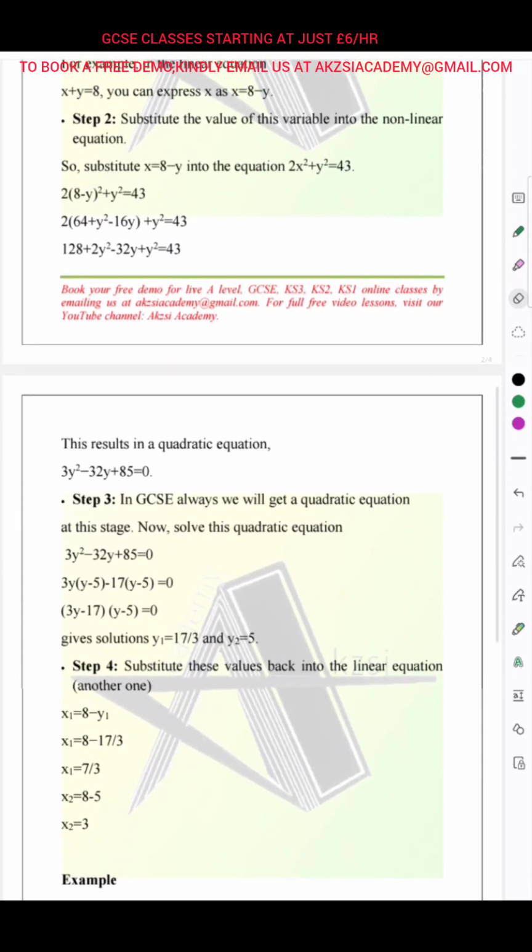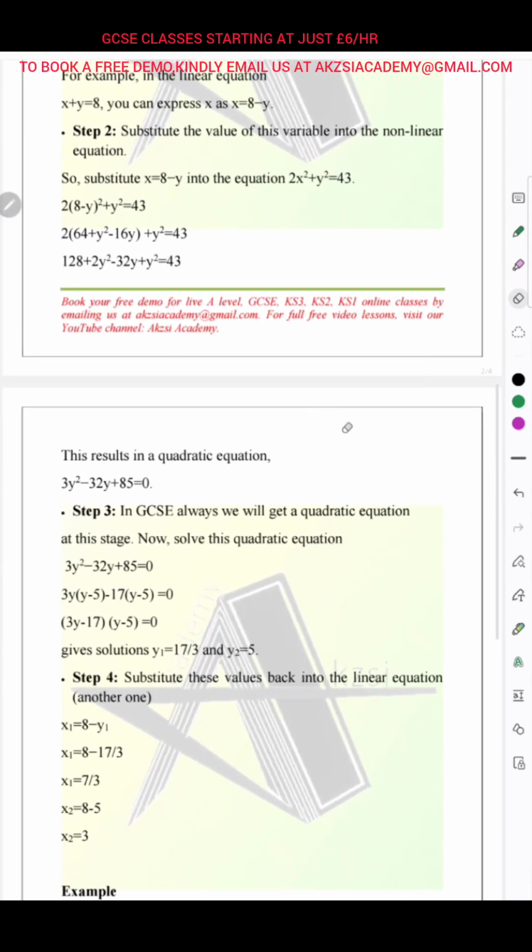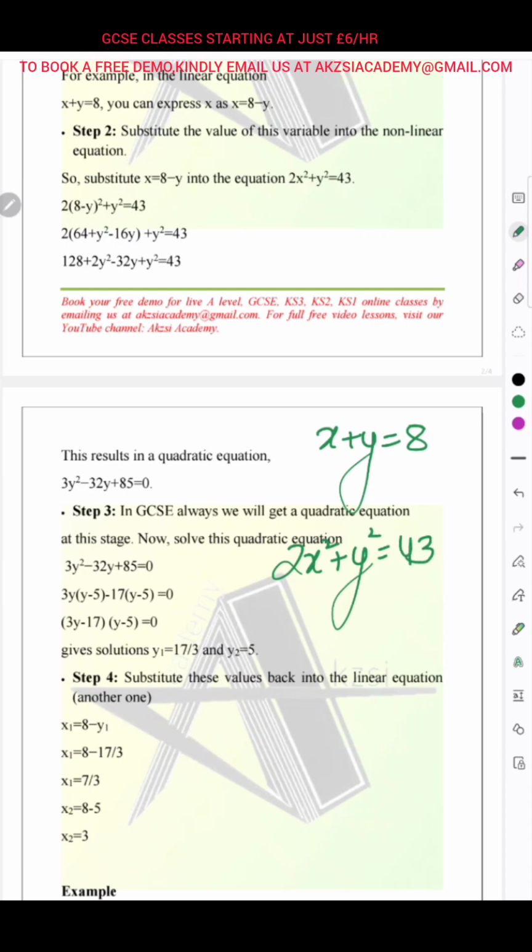Our first equation is x plus y is equal to 8, and our second equation is 2x squared plus y squared is equal to 43. Now obviously, if you go for the elimination method, it won't work, so you have to do the substitution method. That means you have to substitute one variable into another.